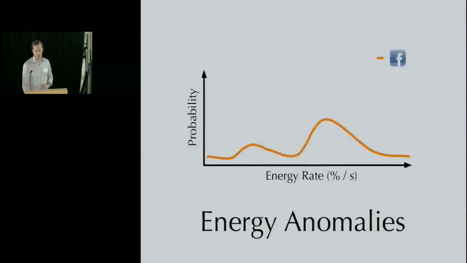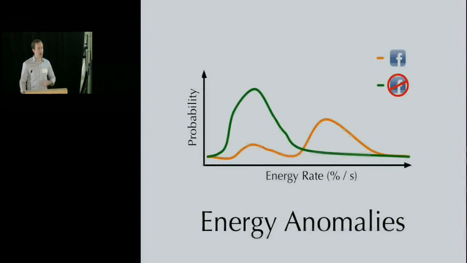In particular, we might be interested in the distribution when the users are not running Facebook. So if you see a pattern like this, where the average energy drain when people are not running Facebook is significantly lower than when they are running Facebook, we describe this as an energy hog. This is a particular type of energy anomaly that we look for. And I'll explain what I mean by significantly more energy in a few slides from now.